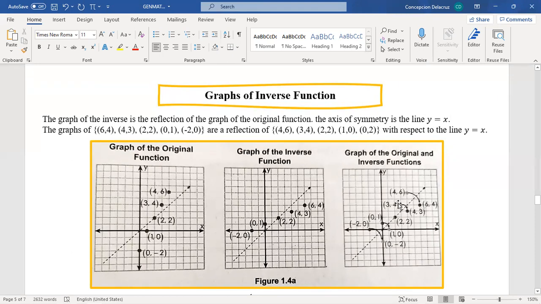As you can see, 3 and 4, 4 and 3, they are still the same. They are the line of symmetry in the center. Like for example, when you look in a mirror, your reflection is the same. So just like this one, the graph of the original and the inverse are reflections of each other.